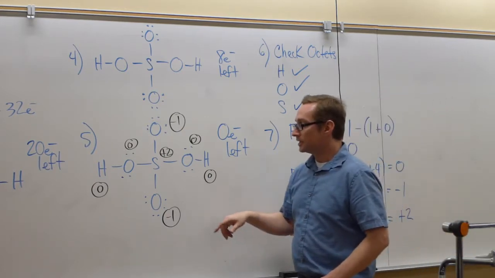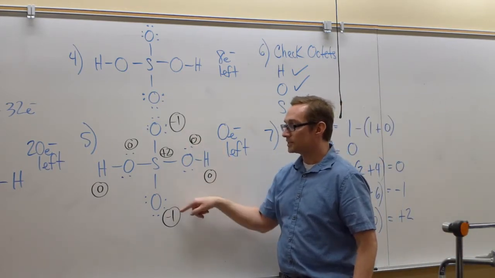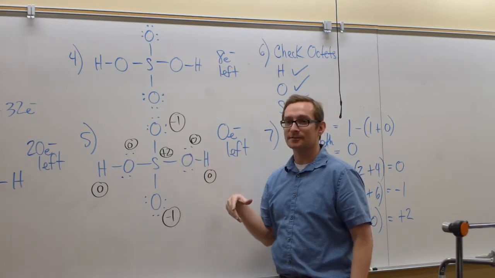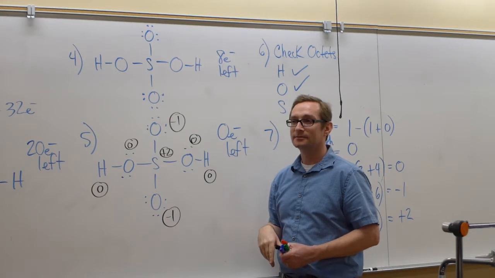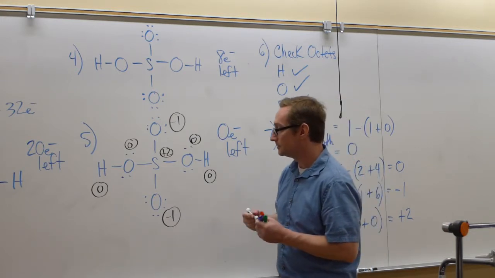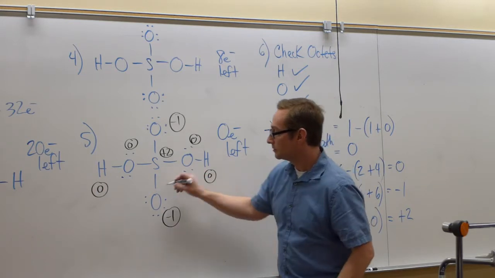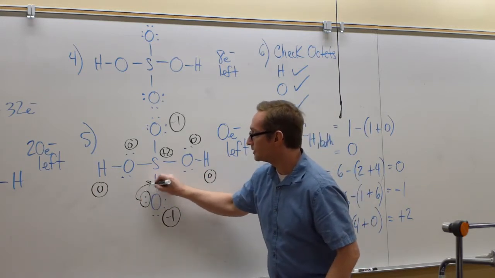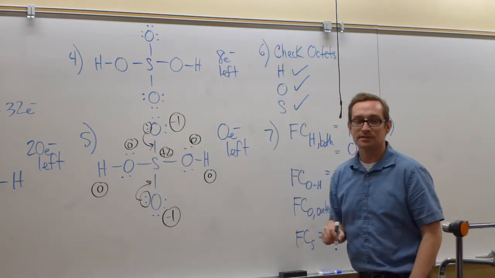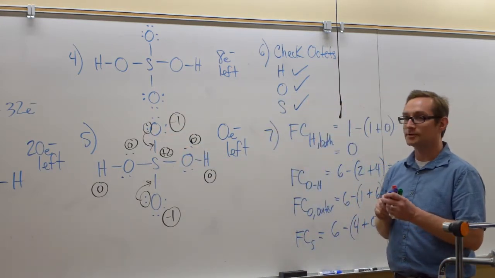Is there a way that we can get these -1s down to 0 while also at the same time getting the +2 down to 0? Make double bonds, right? So what we're going to do is move in 1 pair of dots inward from both oxygens, and this should do the trick.